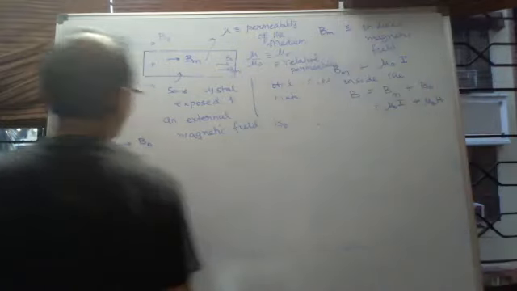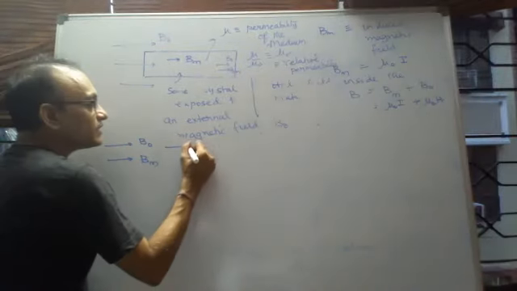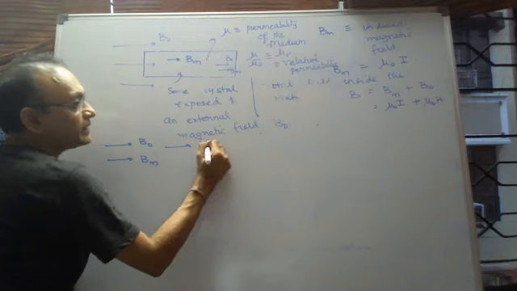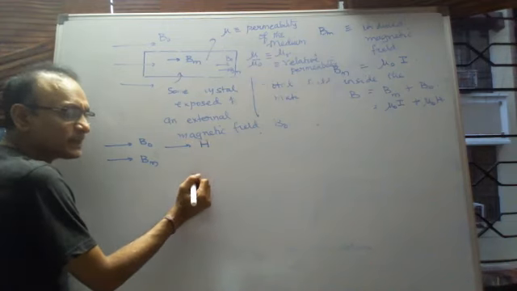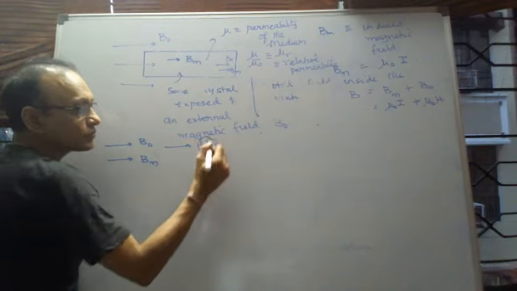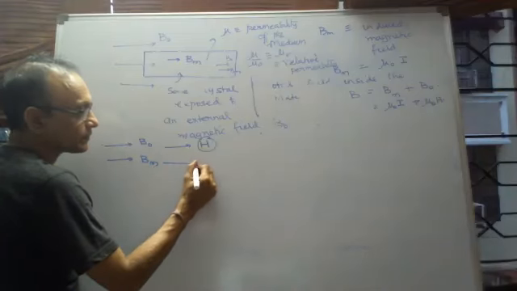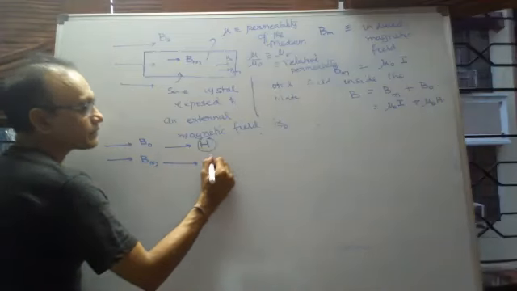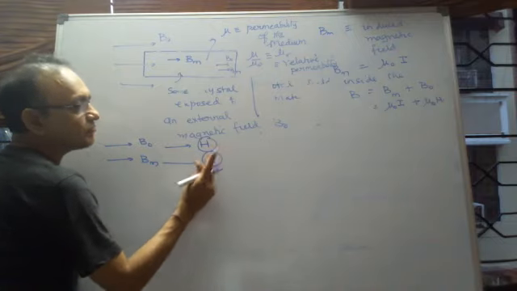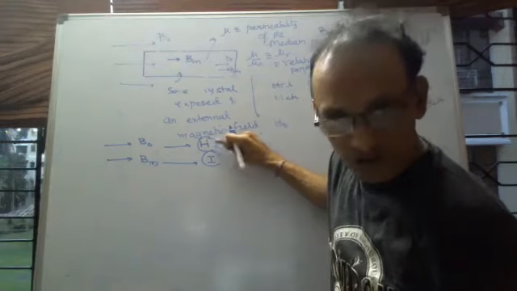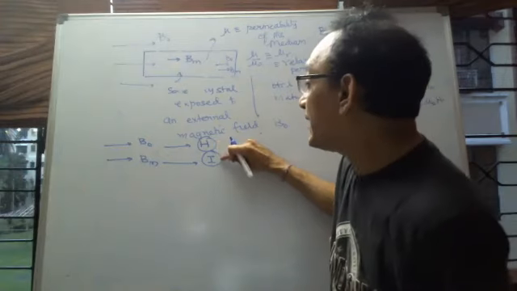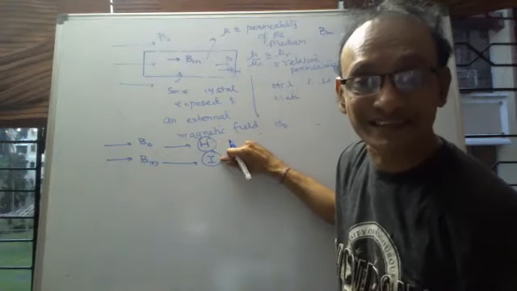B naught is producing the intensity of magnetizing field H. This is the intensity of the magnetizing field, and this is the intensity of magnetization.